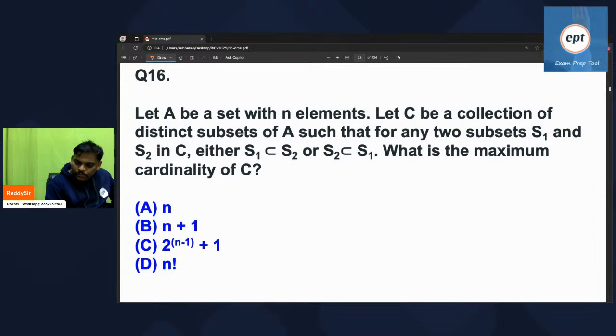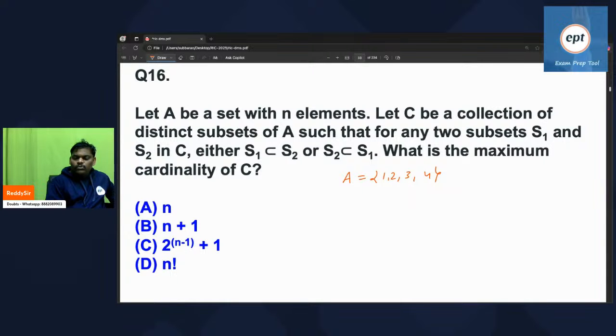Now see this. A contains n elements. Let's assume A contains 3 elements, or I can go for 4 also.